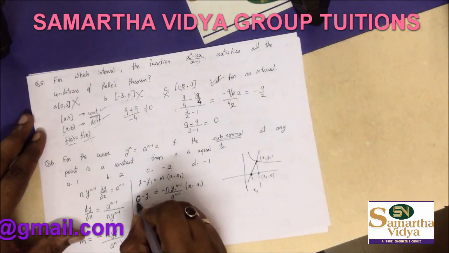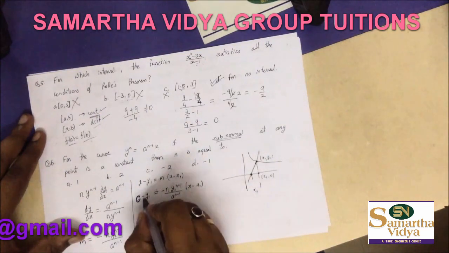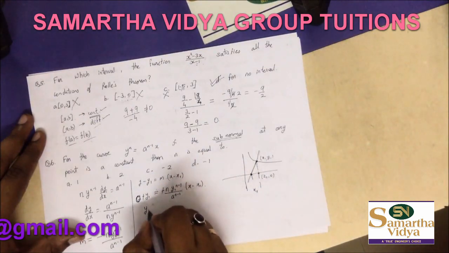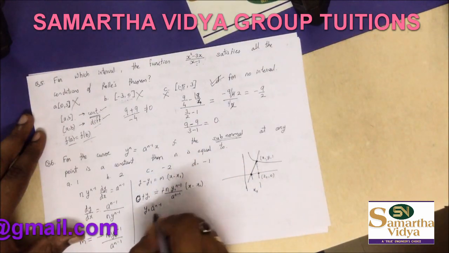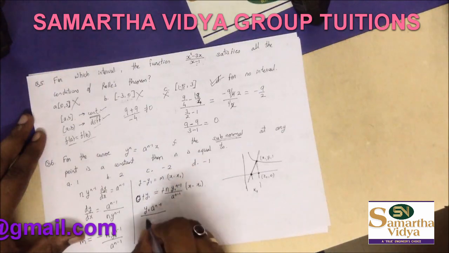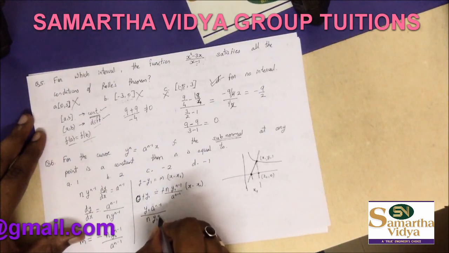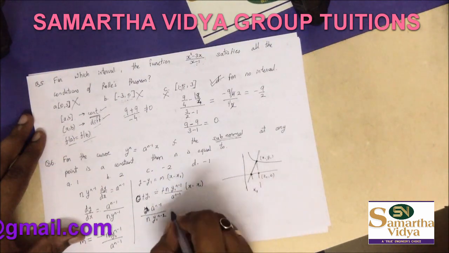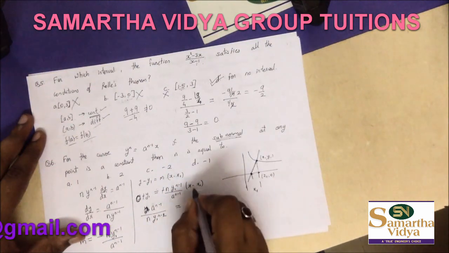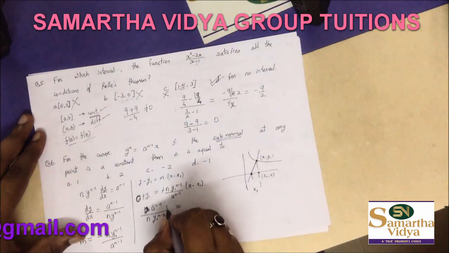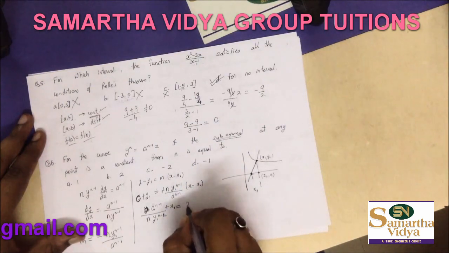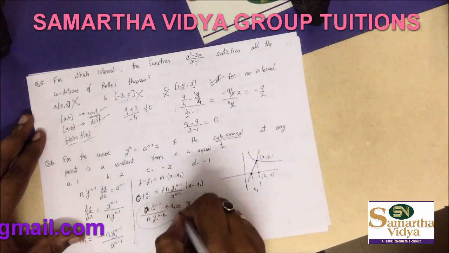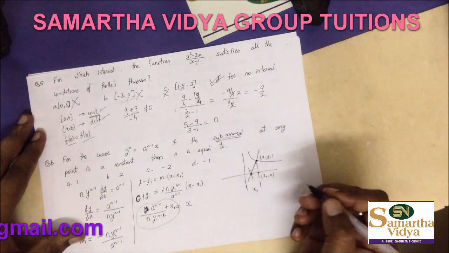Minus minus gets cancelled out. It becomes y1 a^(n-1) upon n y1^(n-1), so y1 will go down, this becomes y1^(n-2), is equal to x minus x1. So x1 goes to the other side as plus x1, and x is equal to this value. This value is nothing but this point.